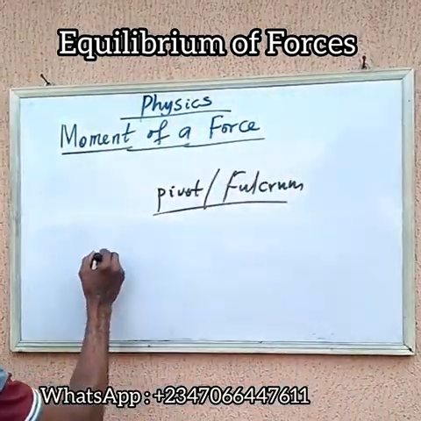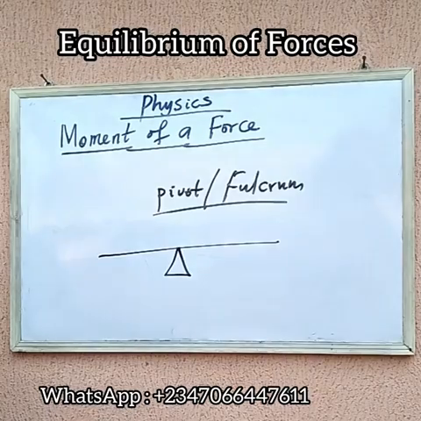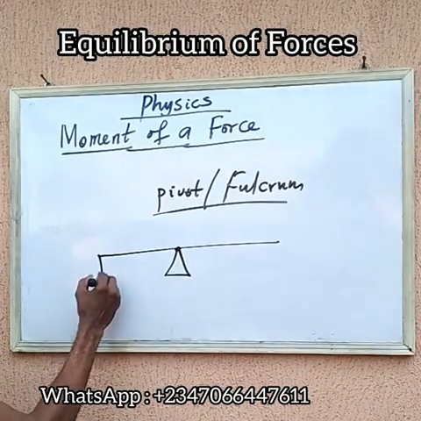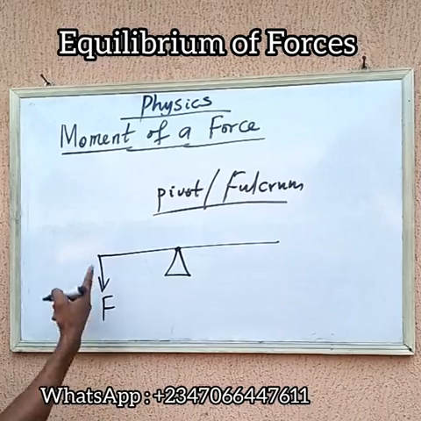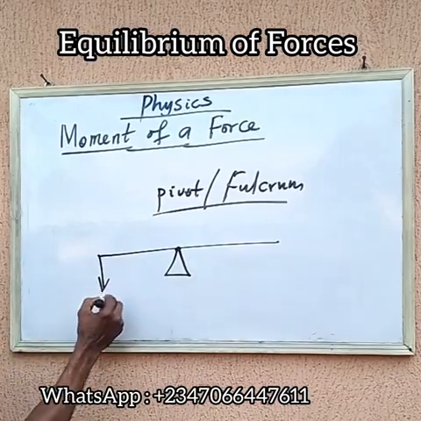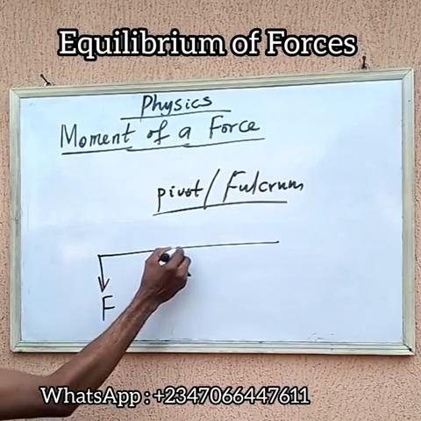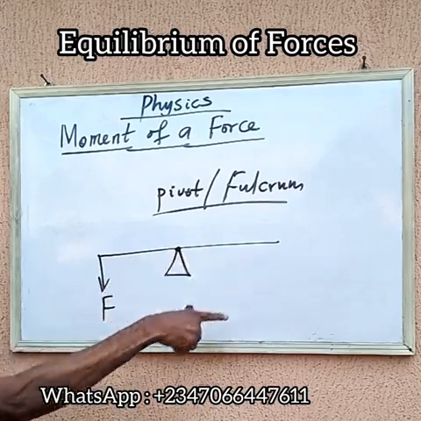If this is a point where we want to fix, and this is the axis. Now, this is a force, and that could be a load, or it could be a child sitting here. What will happen when the force is placed here? What will happen? This body will be turned, or you can decide to turn it this way.